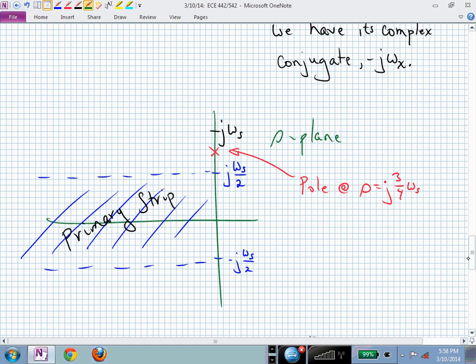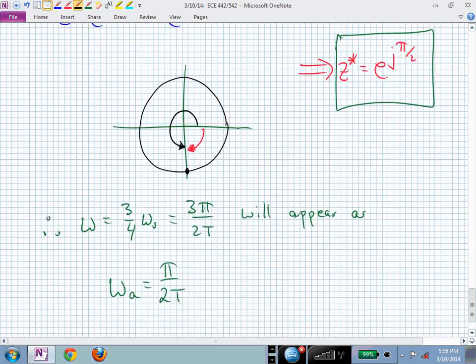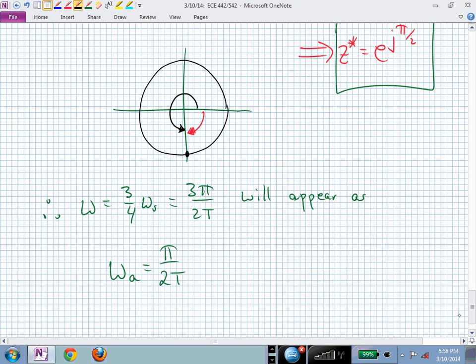So even though we start maybe with the actual continuous time pole at 3/4 omega sub s, it now actually gets aliased to appear like this, pi over 2T.